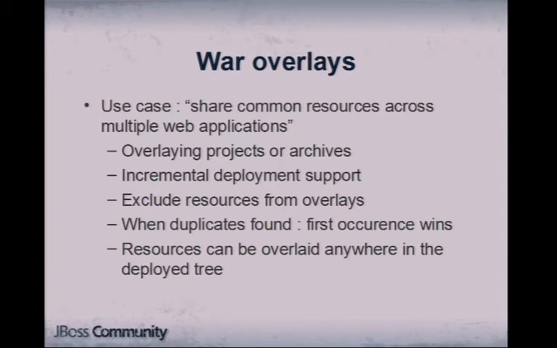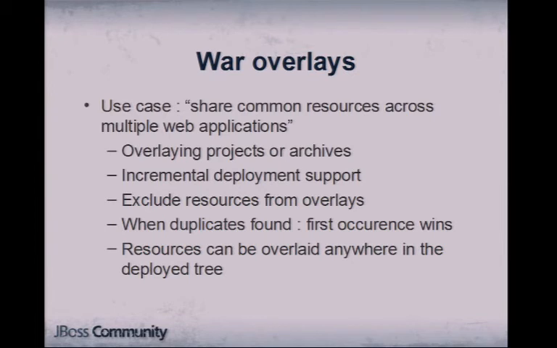And sometimes the same file exists in your main project and in the resource you're overlaying. The first occurrence wins. So if I depend on a remote zip containing a CSS, and the same CSS exists in my project, then my project's CSS is going to be deployed instead. It makes sense.